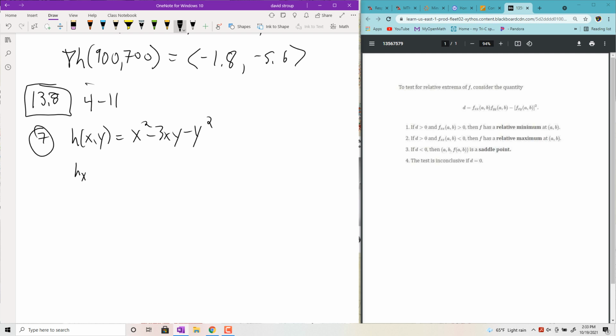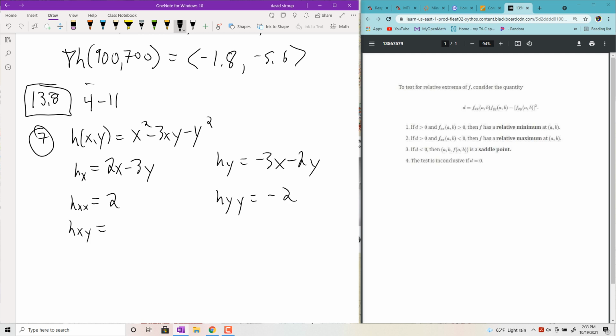So let me get all the partials first. hx is 2x minus 3y, hy is negative 3x minus 2y, hxx is 2, hyy is negative 2, hxy is negative 3.